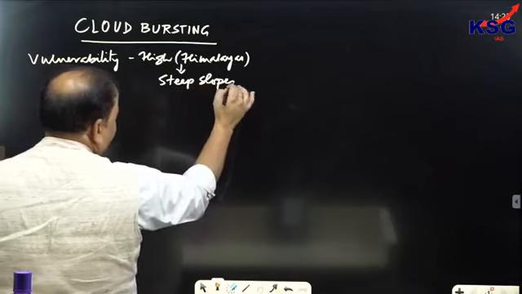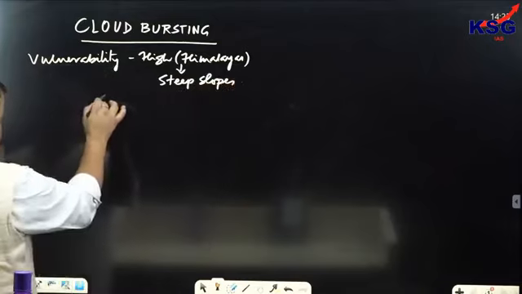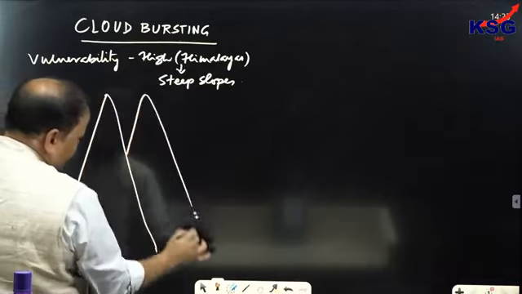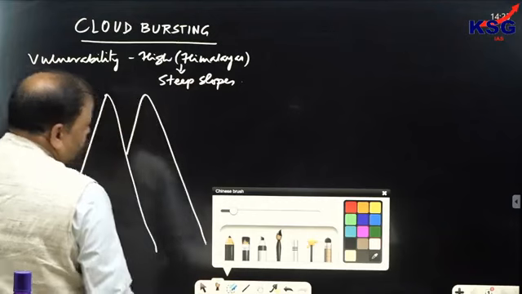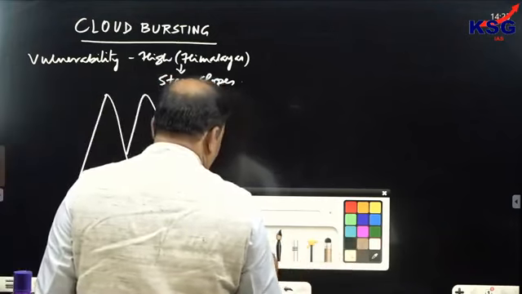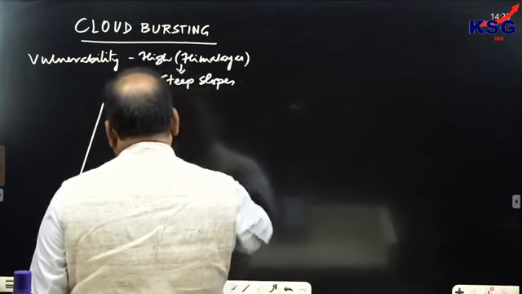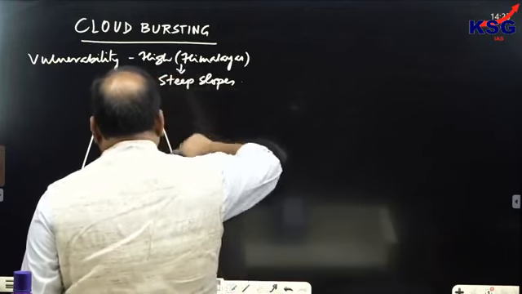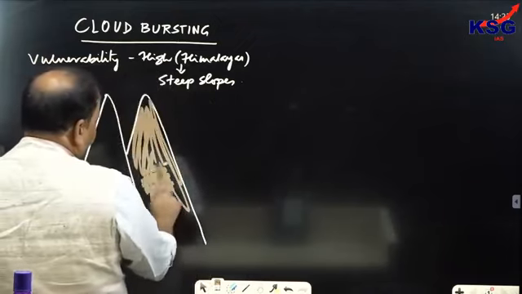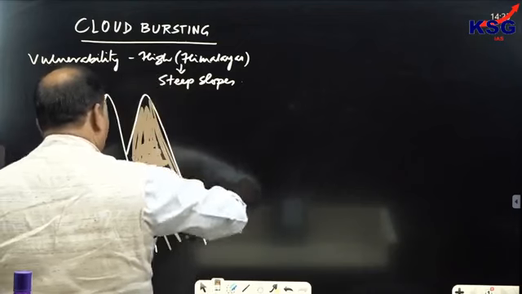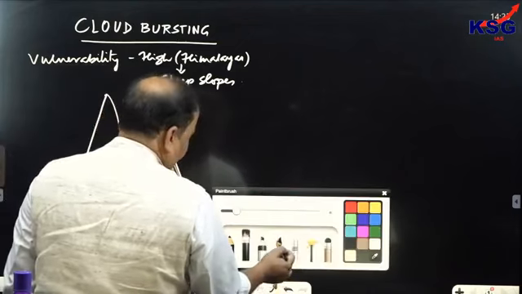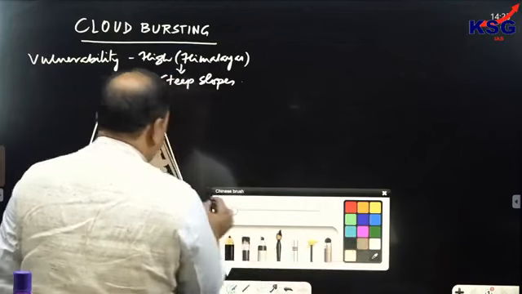And let's understand cloud bursting through a figure. Suppose these are the slopes of the Himalayas. When monsoon rains strike the steep slopes of the Himalayas, they come like this.